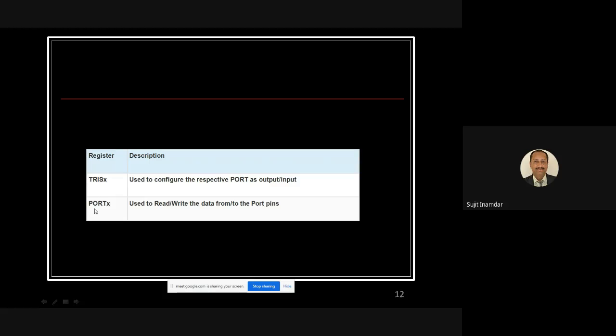At the same time, to upload the data, PORTX, that is port A, port B, port C, port D, like that, is used to read or write the data from or to the port pin. जर इनपुट असेल तर it can read from, आणि जर आउटपुट असेल तर it can write to.